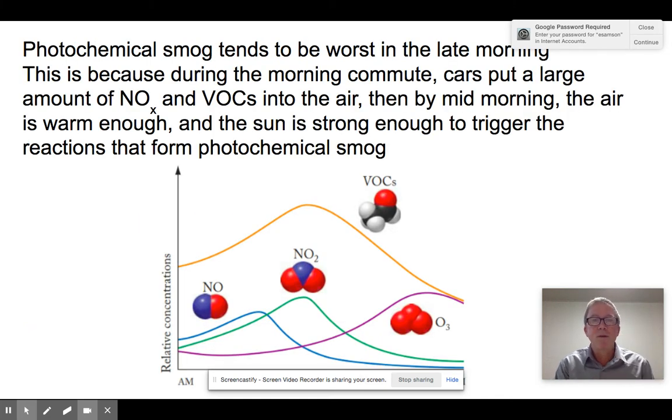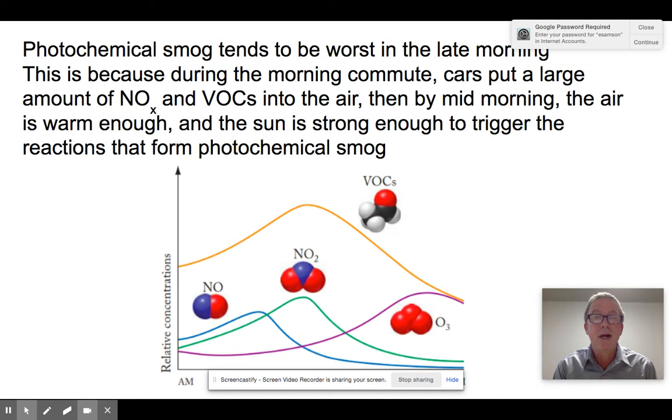Now, one thing about photochemical smog that is interesting, and beneficial to know because it helps urban planners try to deal with it, is that its levels vary with the time of day. Because remember, you need several things. You need the appropriate chemicals, basically nitrogen oxides, which come out of car exhaust and factory exhaust.